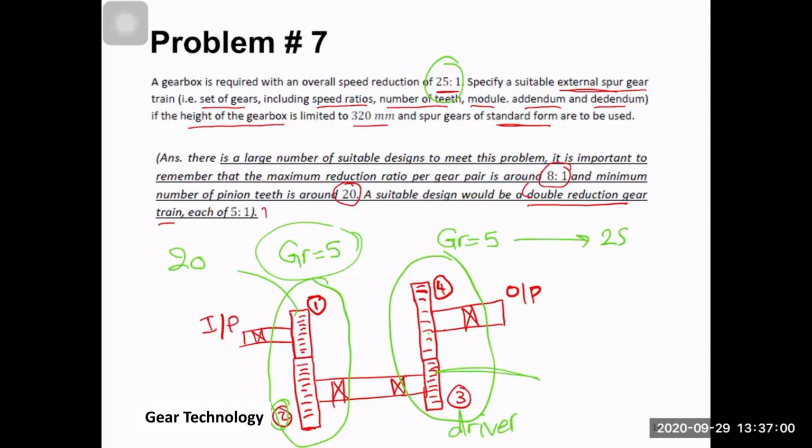In this case, you can consider this as a pinion again, and the minimum number of teeth to avoid interference is 20. And then again, based on the gear ratio of this stage, let's say this is gear ratio 1, this is gear ratio 2 for stage 2. We want you to think about it. One more thing is that omega 2 is equal to omega 3. Why? Because they are on the same shaft. Okay, good.